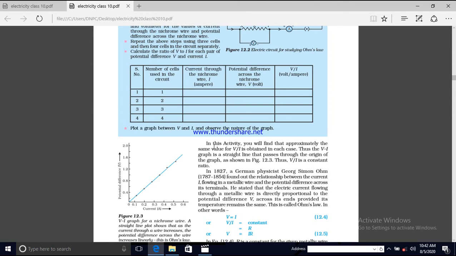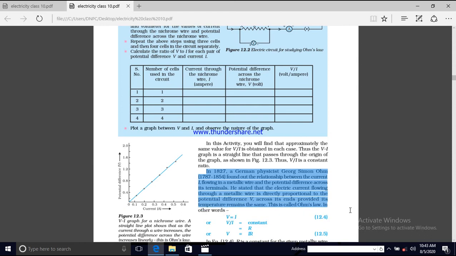Look at this paragraph. In this activity, we concluded that the V by I ratio in each case is a constant, and we get a straight line passing through the origin. This definition is also important. This relationship was first found by a German physicist, Georg Simon Ohm, between the current I flowing in a metallic wire and the potential difference across its terminals.